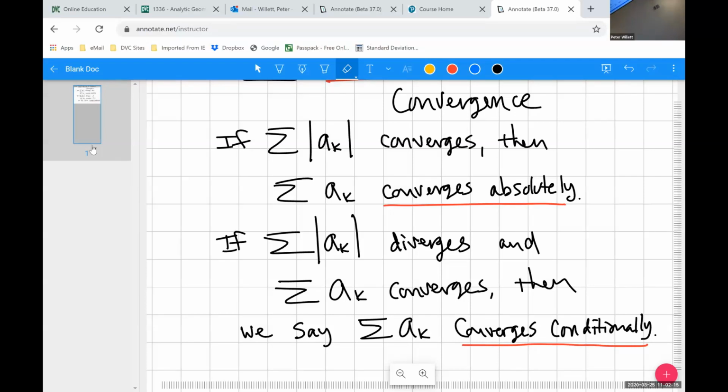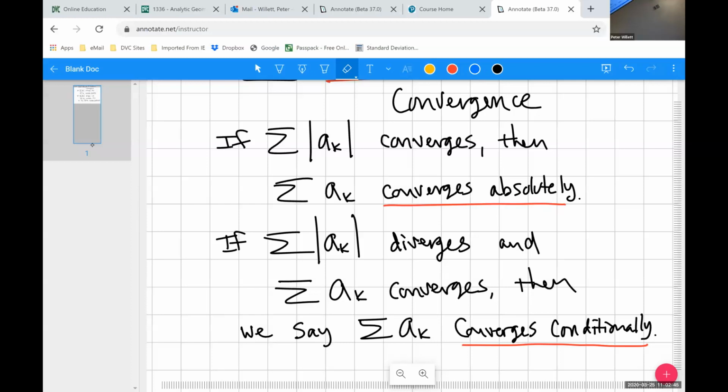So what this basically says is if when all the terms are positive, the series converges. Well, as we've discussed before, if you then make some of the terms negative, you increase the likelihood of convergence. So if it converged before any of the signs were negative, then when the signs are negative, we say it converges absolutely, meaning that even if you put them in absolute value, it would still converge.